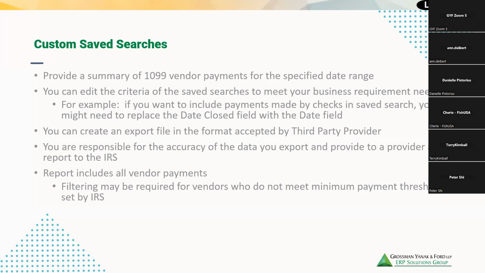The reports will include all of the vendor payments. You might want to perform specific filtering for vendors that aren't meeting the minimum threshold, if you don't have that already set on your 1099 categories for the specific GL accounts.